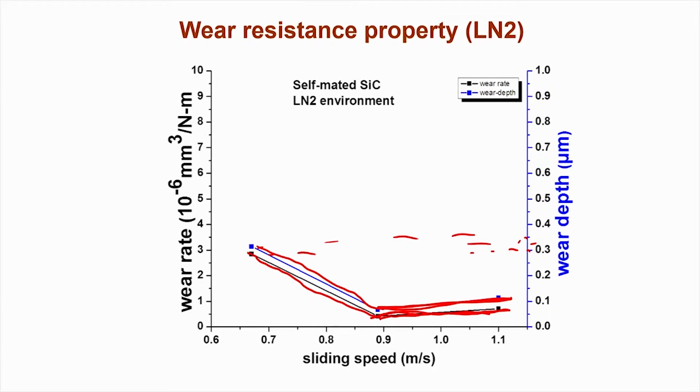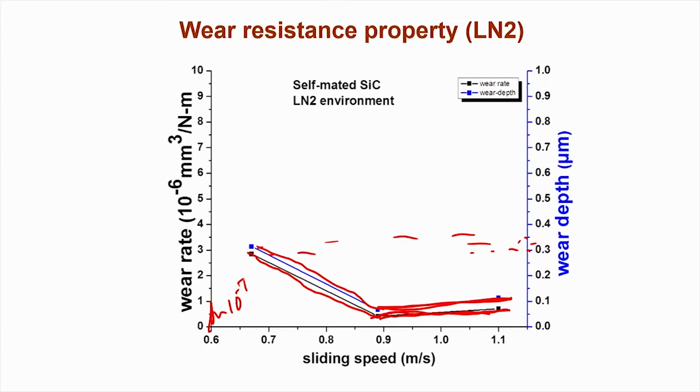So, less than 0.4 micron depth at such high speed sliding conditions and under high contact stress is really a good number. So, what I point out here is that it goes from 3 into 10 to the power minus 6 to less than 1 into 10 to the power minus 6, which means that once you go down the scale here, you can approximate it as millimeter cube per Newton meter.